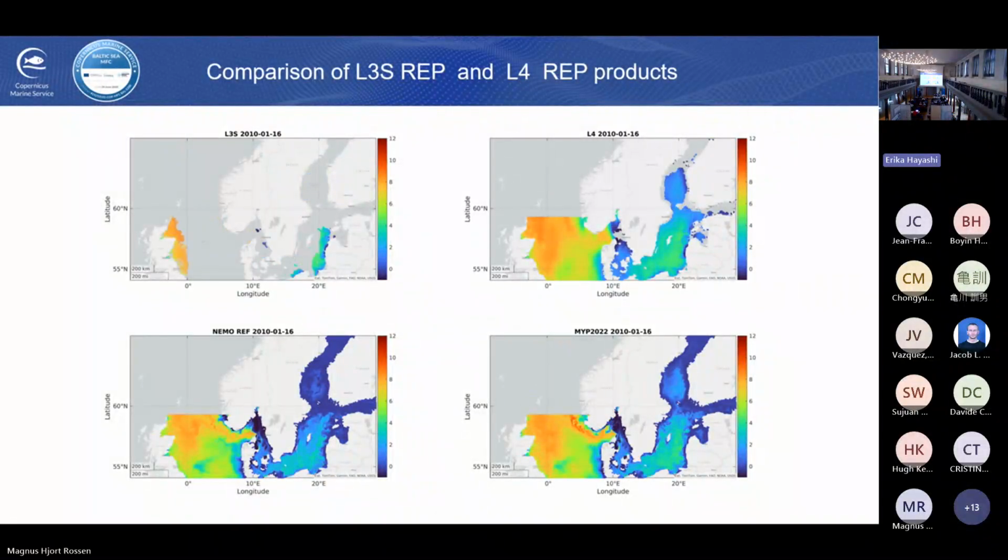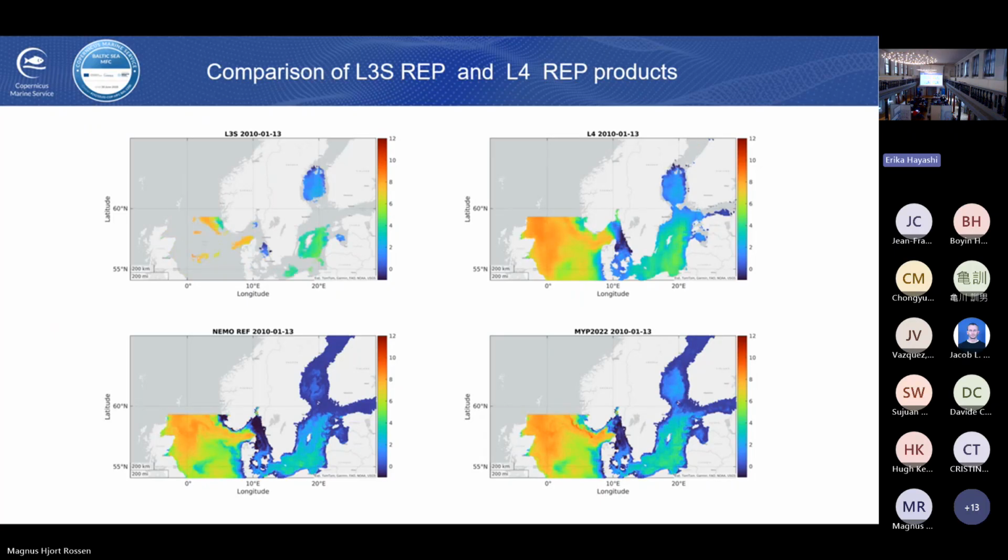The level 4 product is gap-free. It has gaps where there is ice, but otherwise it gets this front quite okay, but compared to the model, it looks very smooth.